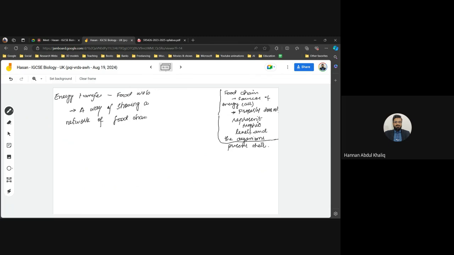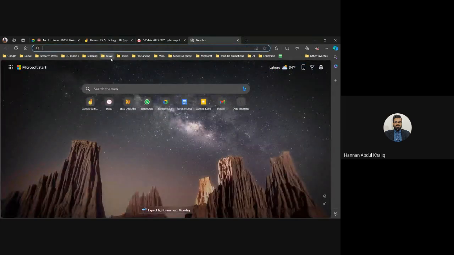Many food chains are there. And rather than drawing a food web, it would be more enjoyable if we observe and understand how we often build a food web.